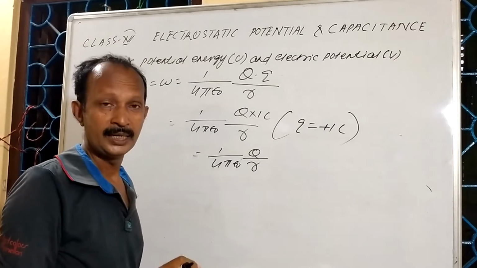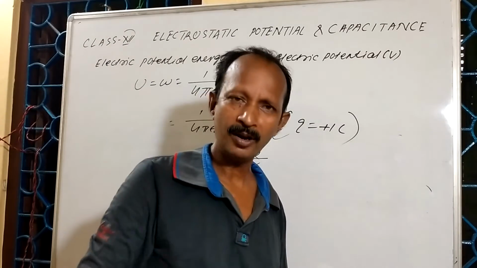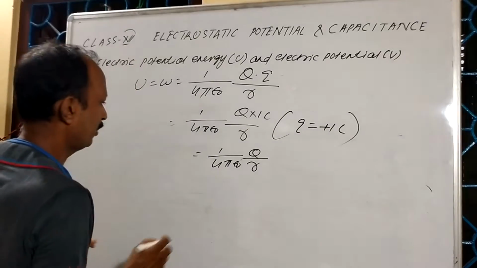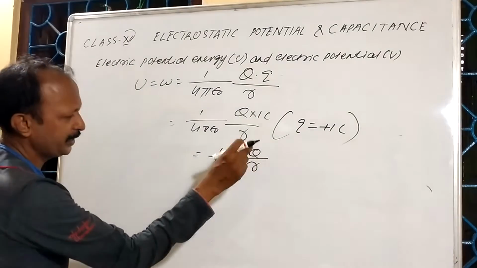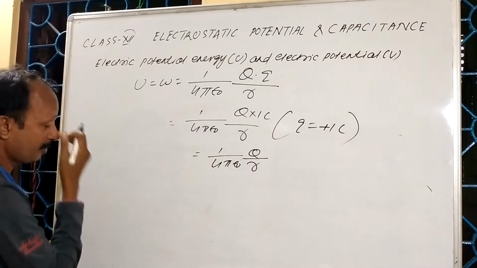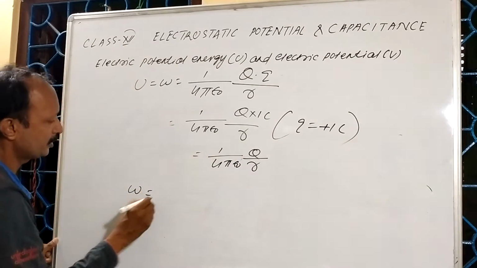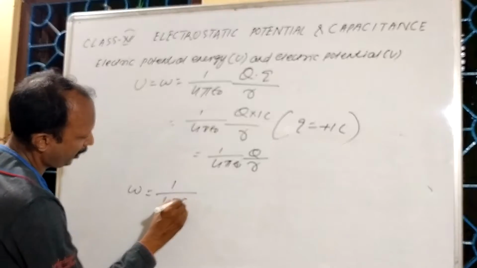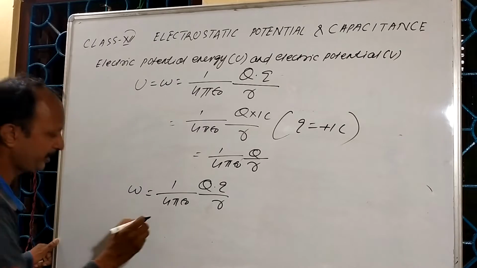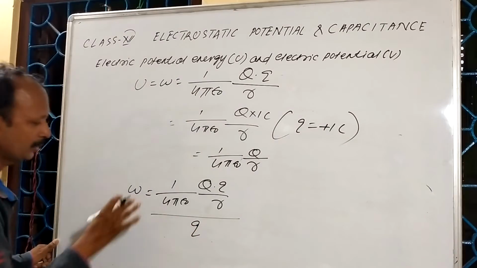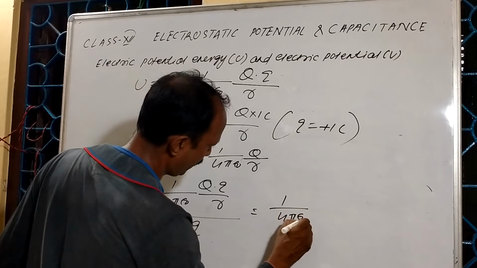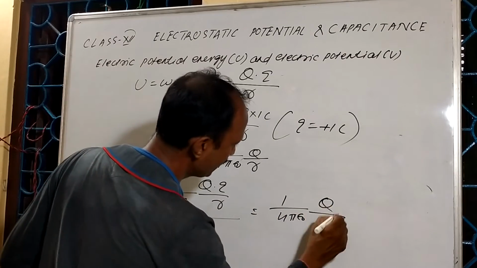That means the amount of work done for bringing a single unit of positive charge. Listen carefully. This is work done per unit charge. I wrote that W is equal to 1 upon 4 pi epsilon naught Qq by r. If I divide by q, then how much is left? 1 upon 4 pi epsilon naught Q by r.